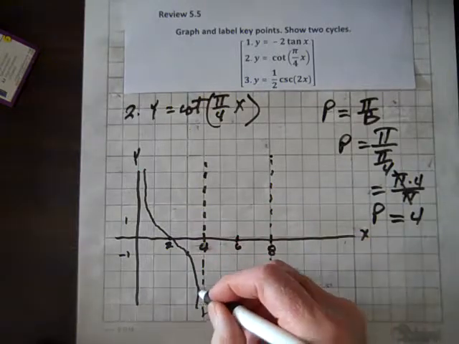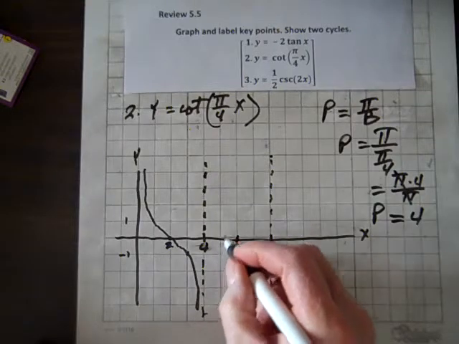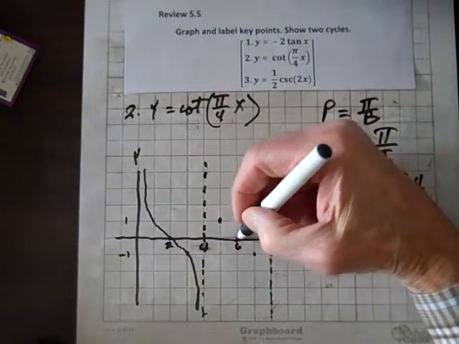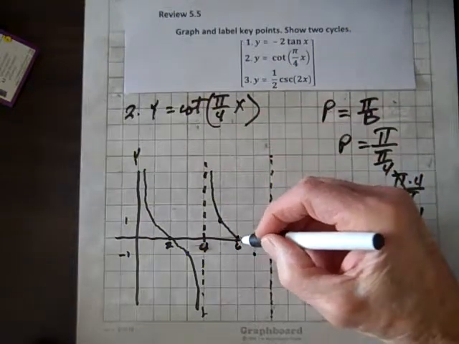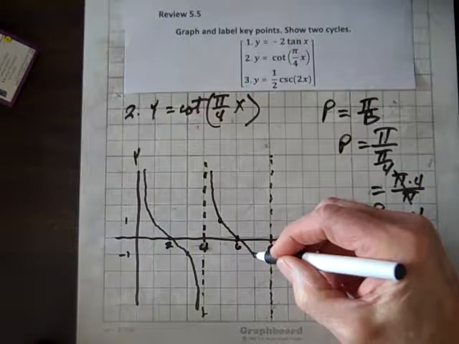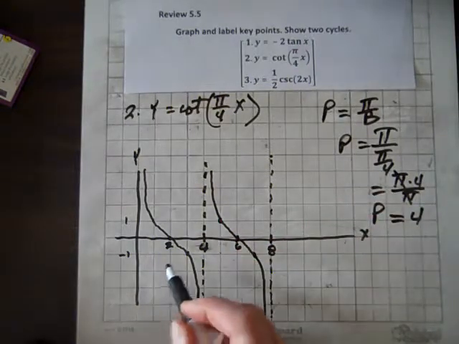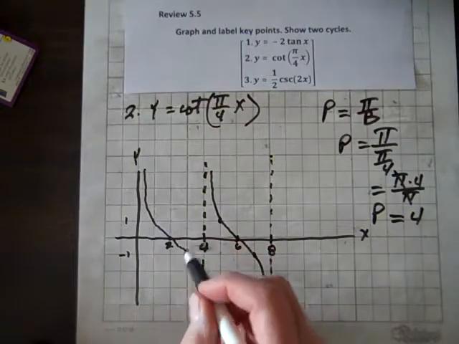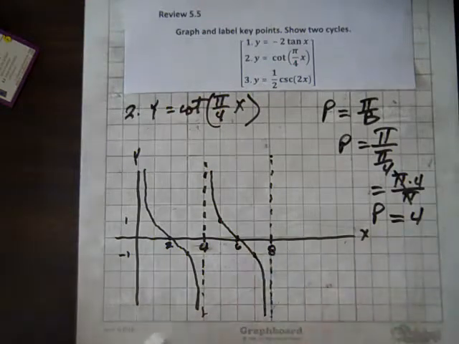So now we can graph another one, and we get, yeah, the cotangent is positive in the first quadrant, negative in the second, positive in the third, negative in the fourth, and so on. So got that one.